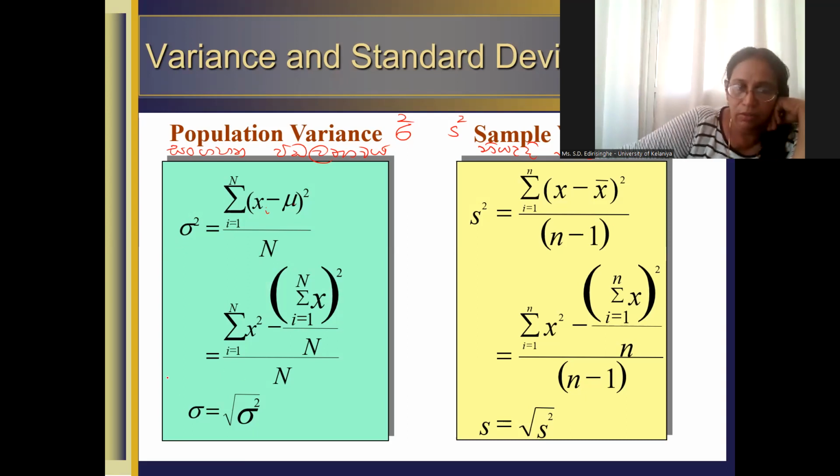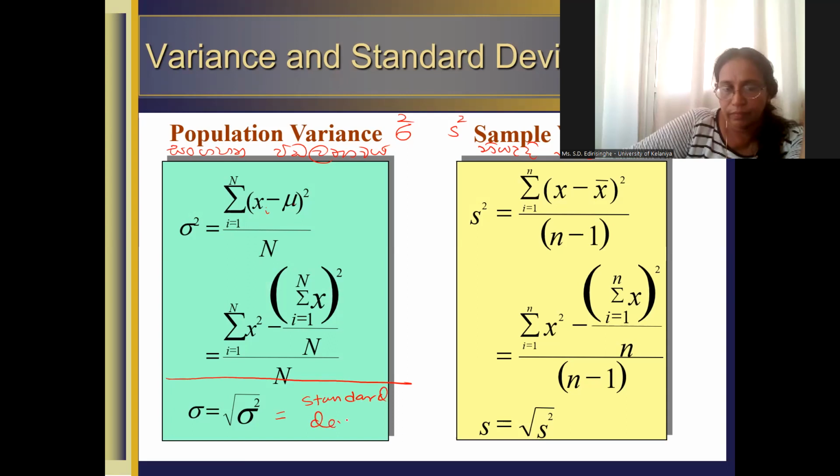But here, we have also found the root value of that sigma squared. So the root value of sigma squared equals the standard deviation. Clear?